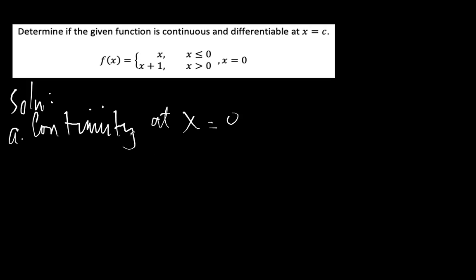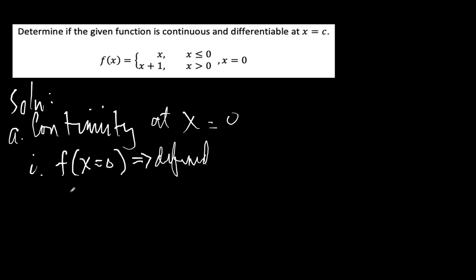For us to show that it's continuous, it needs to meet the three conditions. Number one, we need to show that f of 0 must be defined, or there must be a certain real number.